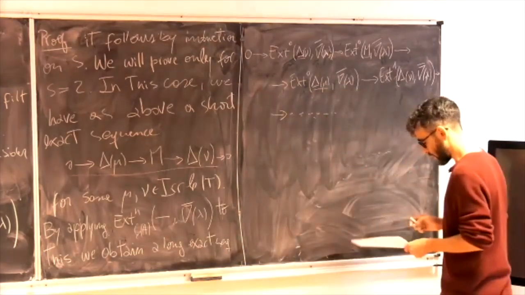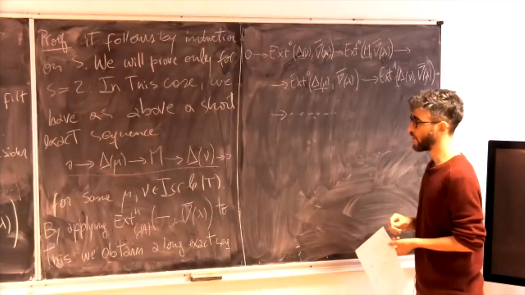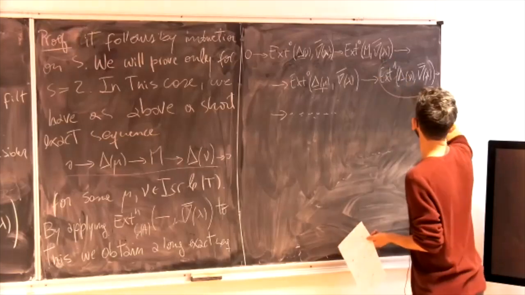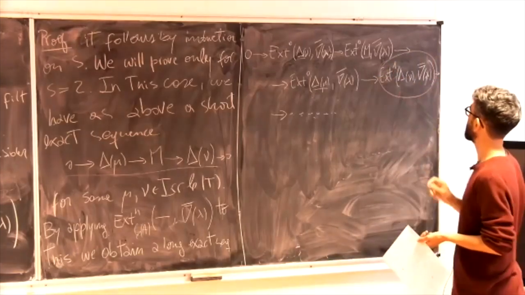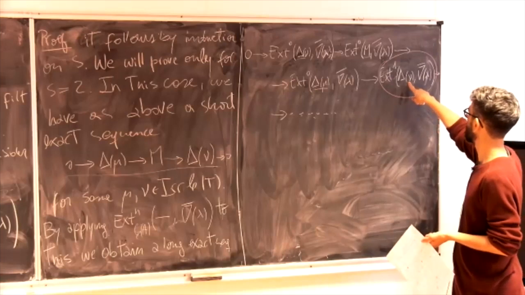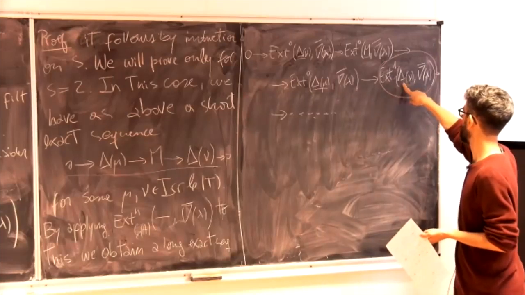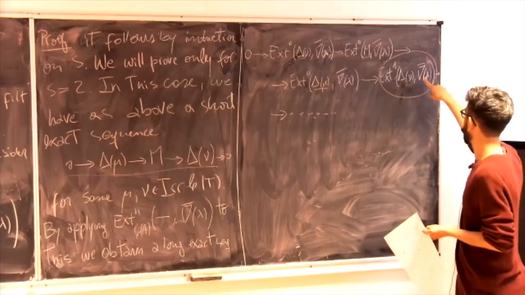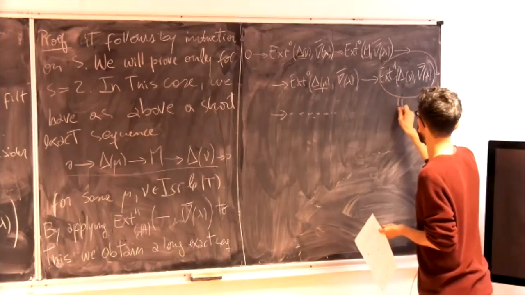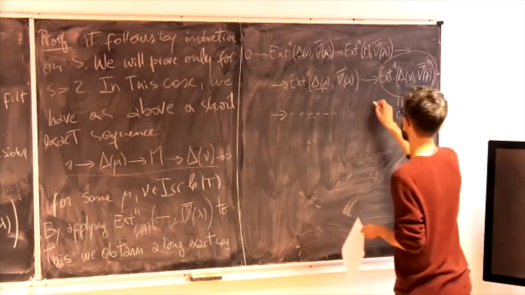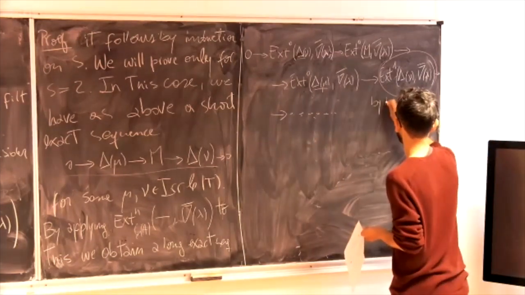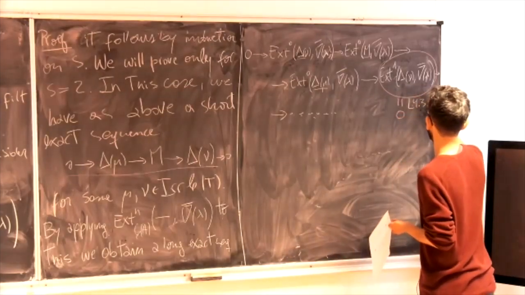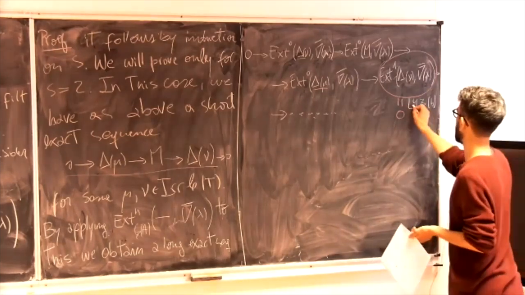But now we can use the lemma, which ensures that this term here is 0. This is Ext 1 between a proper standard module and a delta and nabla bar, and this is 0 by lemma 4.3b. This is the part that we didn't prove.